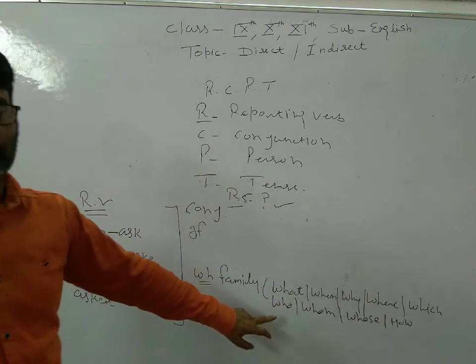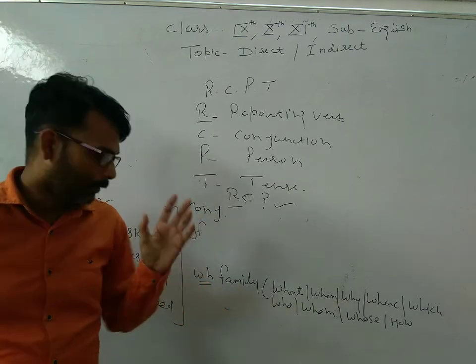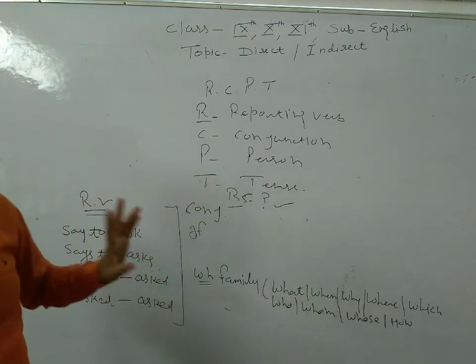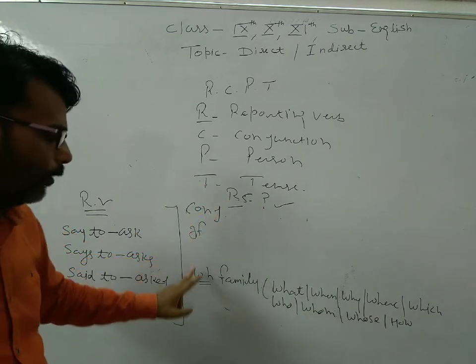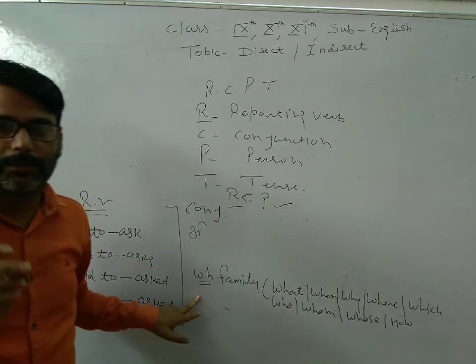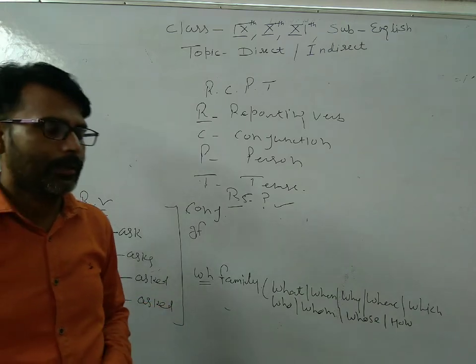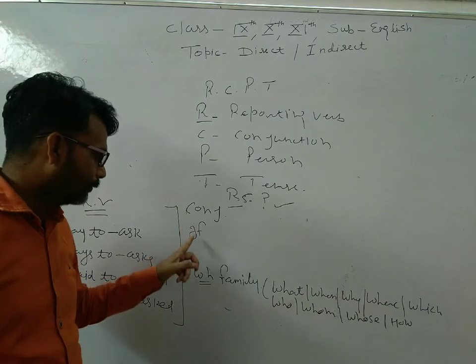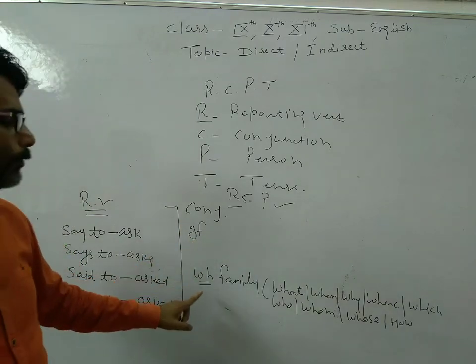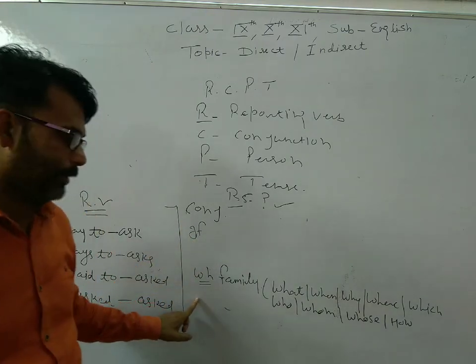There are 9 words which come in the WH family. So in the interrogative sentences, we can use conjunction if or WH family. But you have to remember that, students, you have to use only one conjunction. Either you have to use if or you have to use WH family.